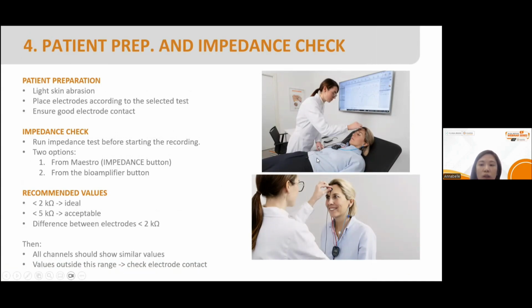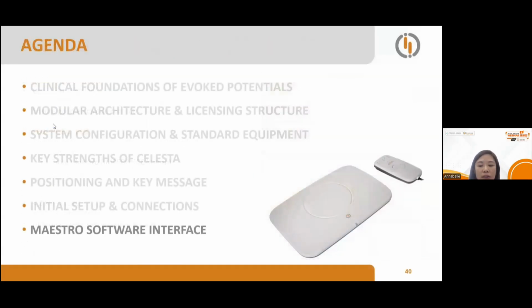You can look at the Maestro software, or you can just look at the power amplifier. Then of course you deliver the stimulus through the insert phones, the headphones, the bone conduction, or maybe later the free field. The recommended values for the impedance are these. If the impedance is higher than 5K ohm, we recommend you rub the skin again and check the electrode contact.